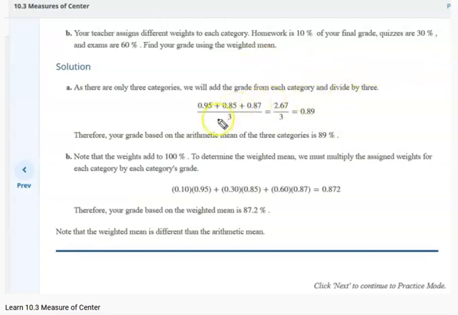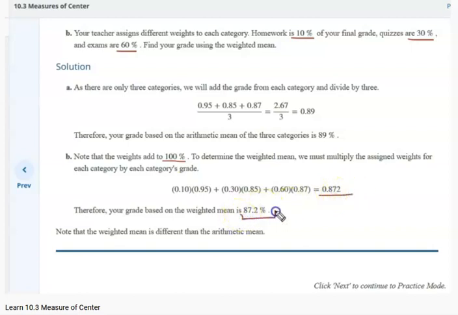So what we would do for this other here, if they're saying the weights add up to 100%, but homework is 10% of your grade, quizzes are 30% of your grade and exams are 60% of your grade, you're going to take 10% of the 95, 30% of the 85, 60% of the 87, and then that works out to be 87 or 87.2.